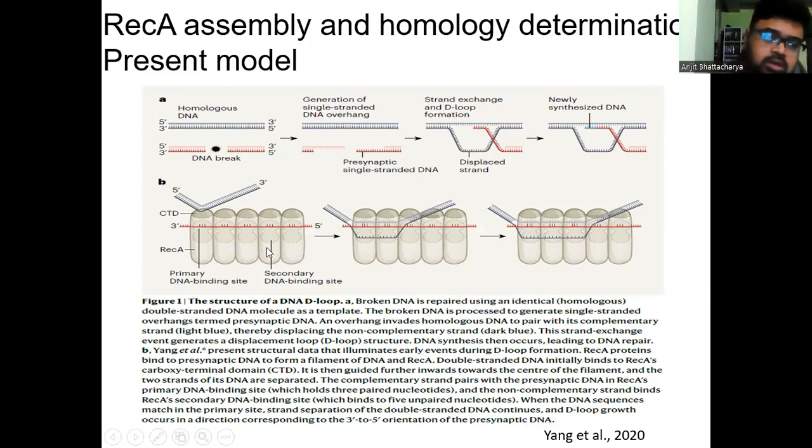So this is how Reiki actually identifies the target site, and this is how it mediates the strand exchange. So in this scheme described in this figure A, the strand invasion part is basically mediated by Reiki.